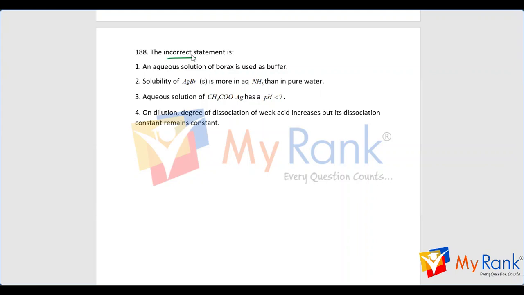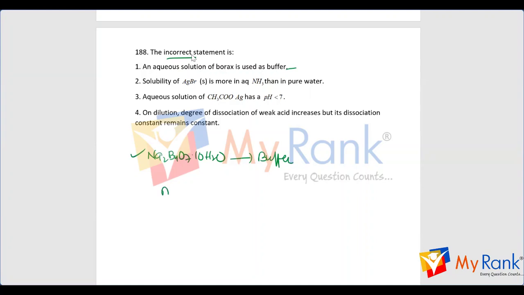And on the first statement, yes, the aqueous solution of borax. Borax is Na2B4O7.10H2O. The aqueous solution of borax is basic, as a weak acid and strong base will be there. So that's why it acts as a buffer. It's correct only.